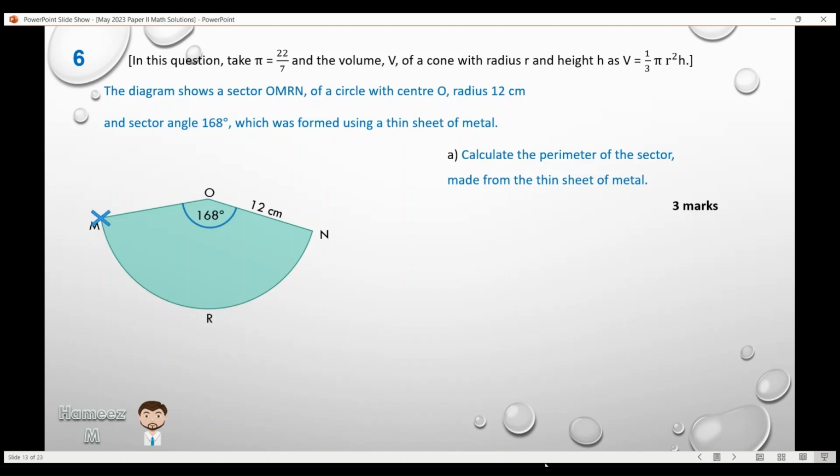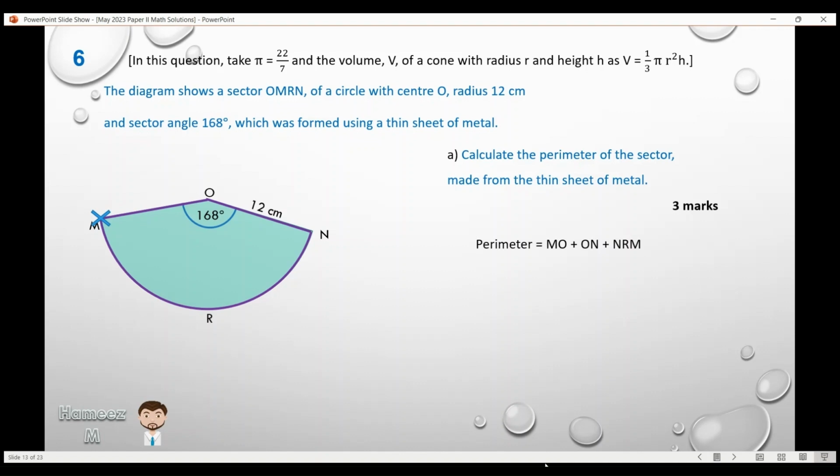And we can go in any direction, go around the entire shape and back to M. So from M to O, and then from O to N. So we have covered one radius, M to O, and then O to N, another radius. And now we go along the arc, and that will give us those 3 sides, the entire distance around, or the perimeter. So MO plus ON plus NRM.